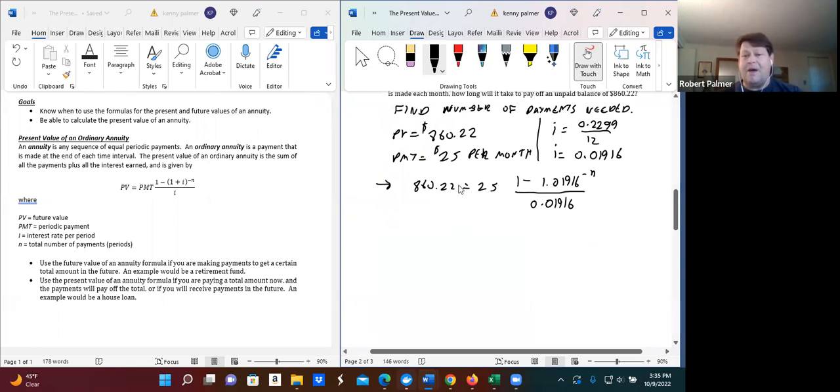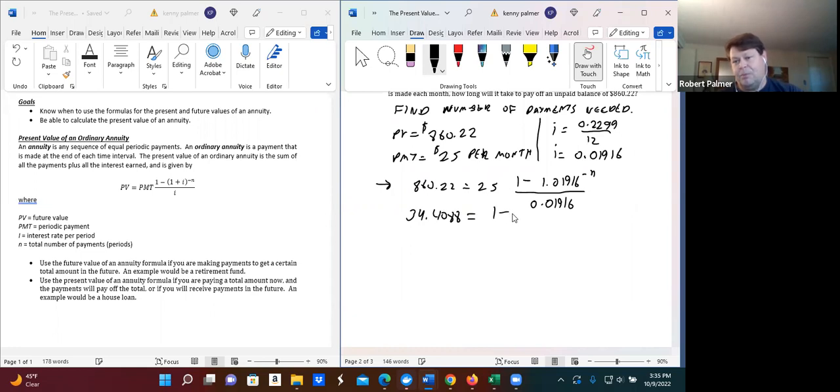Okay, so let's go ahead and divide both sides by 25. 860.22 divided by 25 is going to be 334.4088. And leave it like that.